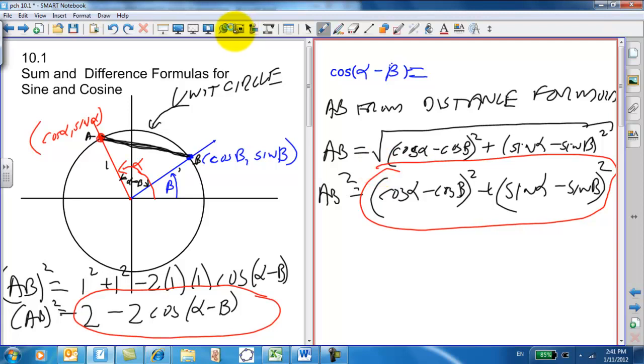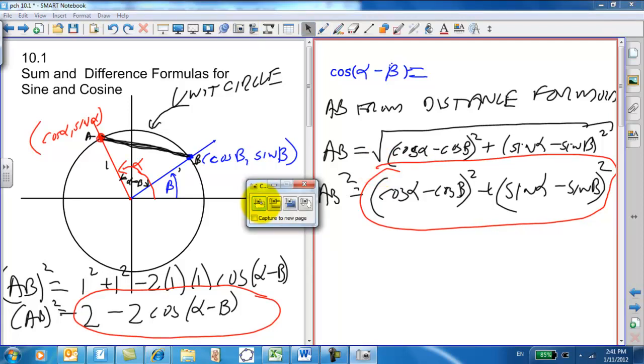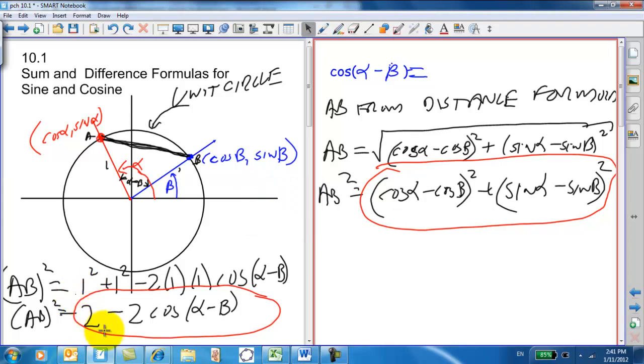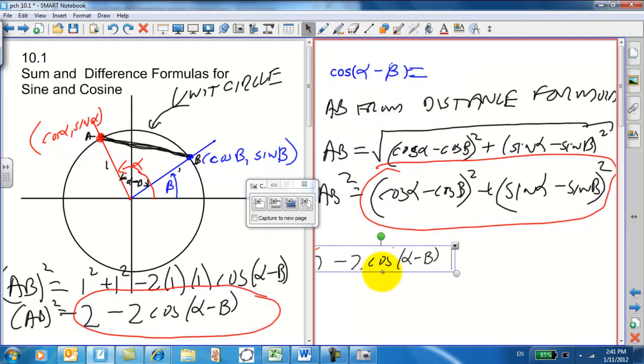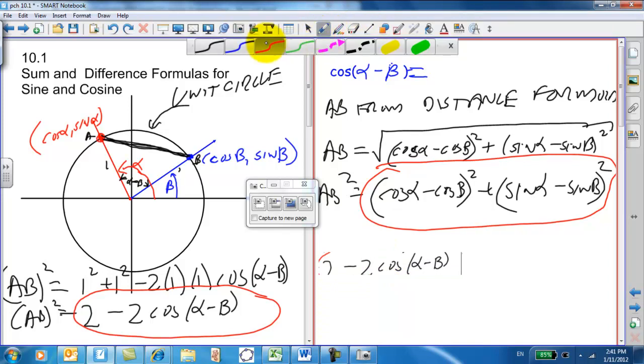So let's do that with miracle cut and paste. Show it up over here and set that equal to this whole expression here.